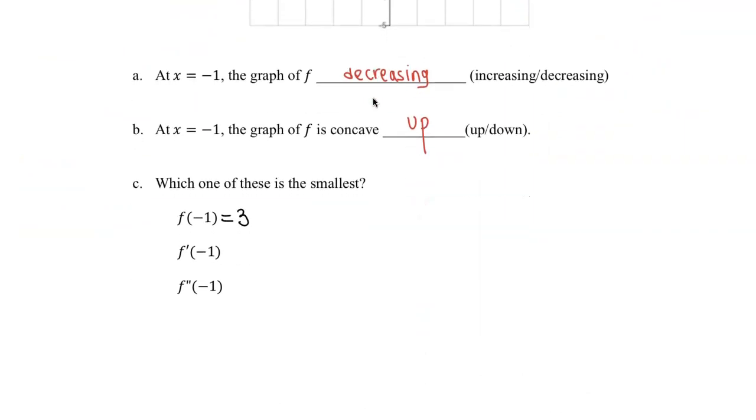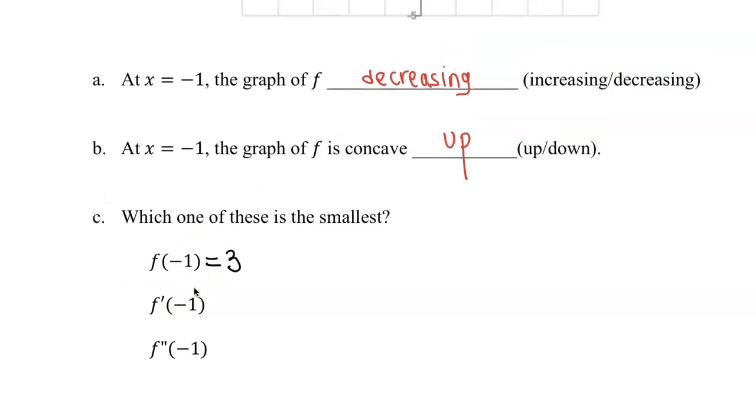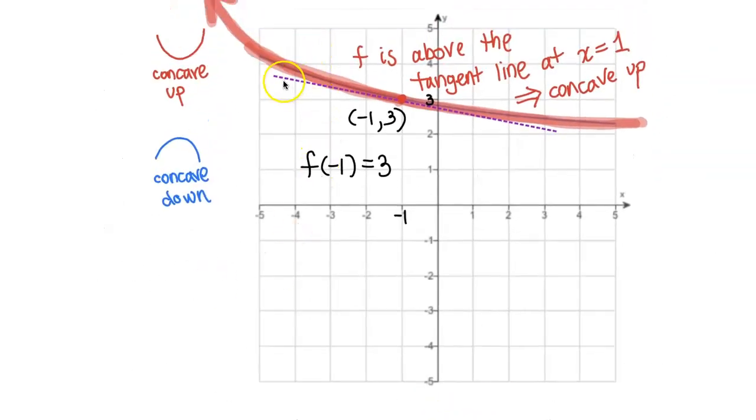Now let's see. They're asking us for f prime of -1. So, all right, the derivative at x equals -1. Now we can find the actual value by reading the slope of this purple tangent line, but it may not be that accurate. But here's the thing though. Notice how the purple line is going down from left to right.